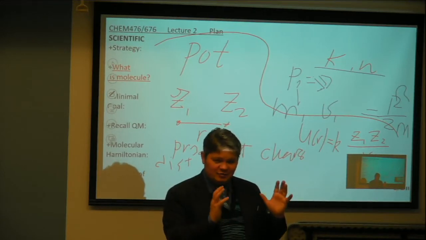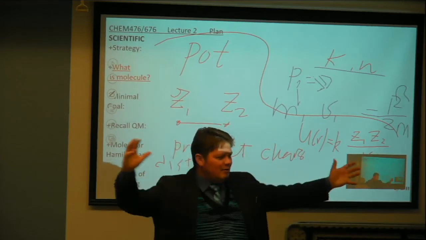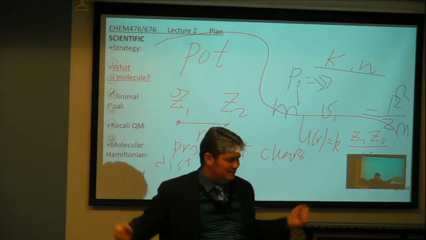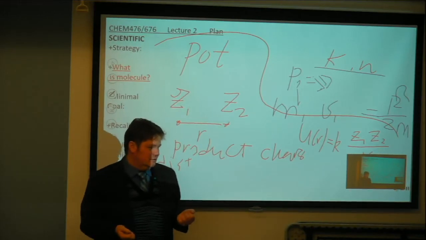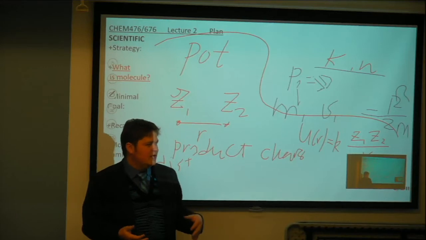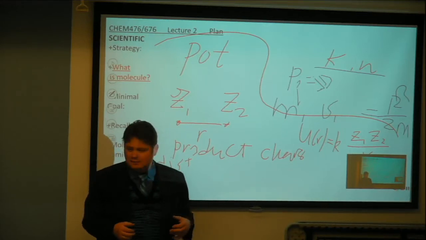If you have more and more atoms, it will be many lines. But we need to recognize this because it is the background point from which any computational modeling of molecules and materials is done.